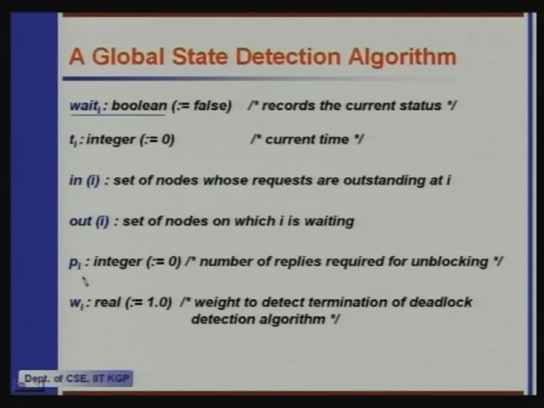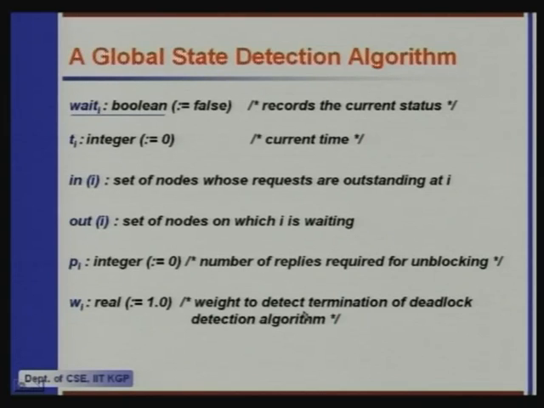Pi is an integer which indicates the number of replies required for unblocking. If you get Pi replies, that means you have Pi resources and you can proceed. Wi is a real number which we will use later as the weight for termination detection. It is the local weight of the process. At this point we are not interested in Wi, but later on we will talk about it.